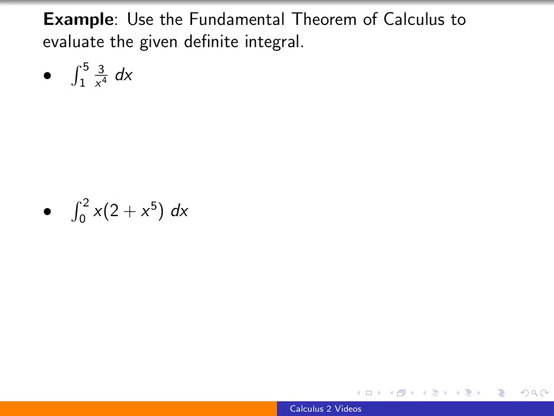So let's start off with the definite integral from 1 to 5 of 3 over x to the 4th. Much like the indefinite integrals we've evaluated, the thing to do is to first write it more conveniently. So 3 times x to the minus 4th. And once we have everything in terms of powers of x, then we are ready to antidifferentiate. So minus 4 plus 1 is minus 3.